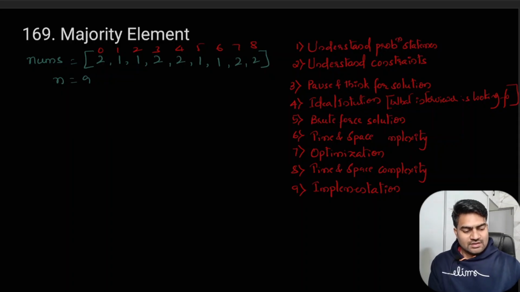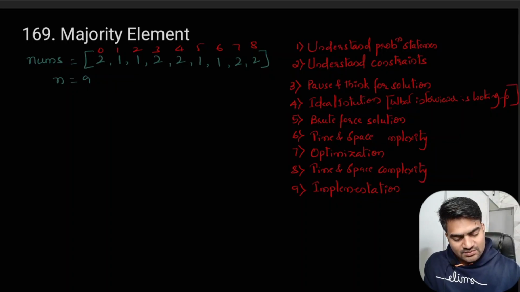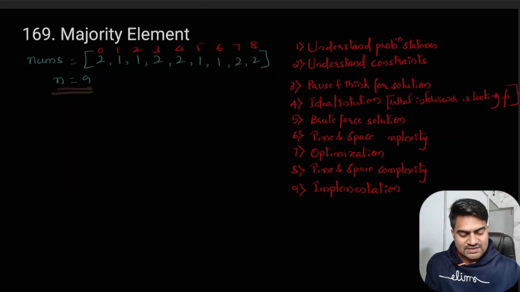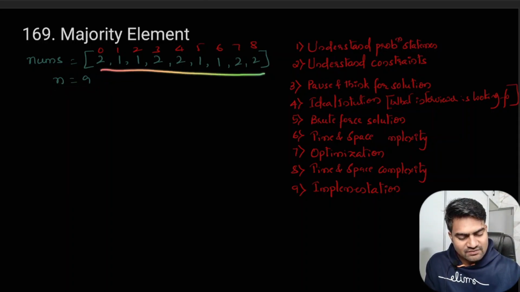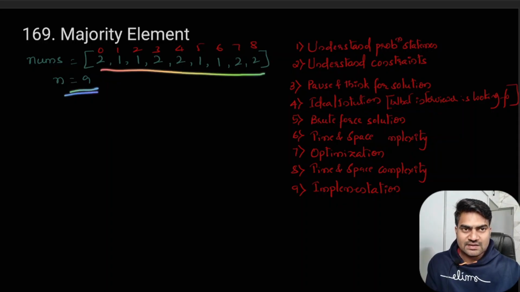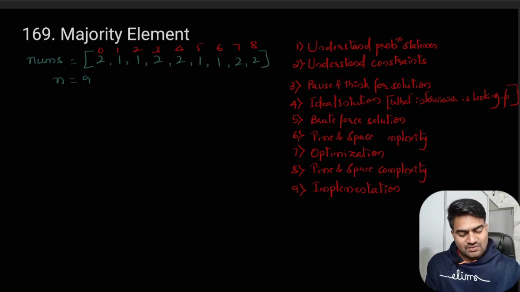Let us try to understand the problem in detail. Say we have n equal to 9 numbers. So this is the given array. We have 9 numbers. Out of these 9 numbers, there is one number in this particular array which appears more than n by 2 times.